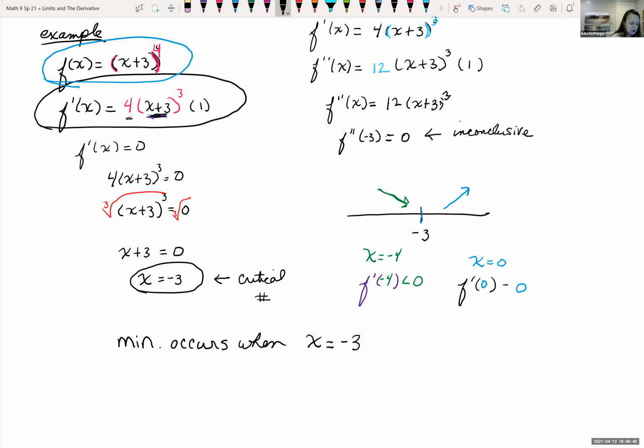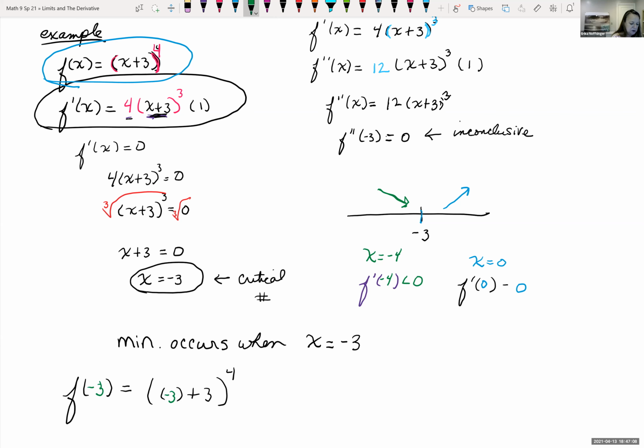So let's plug it back into our original to figure out what the y value is, and that's the minimum value. So we're looking at what is -3 plus 3, that quantity raised to the 4th power. Well, -3 plus 3 is 0. 0 raised to the 4th is 0.